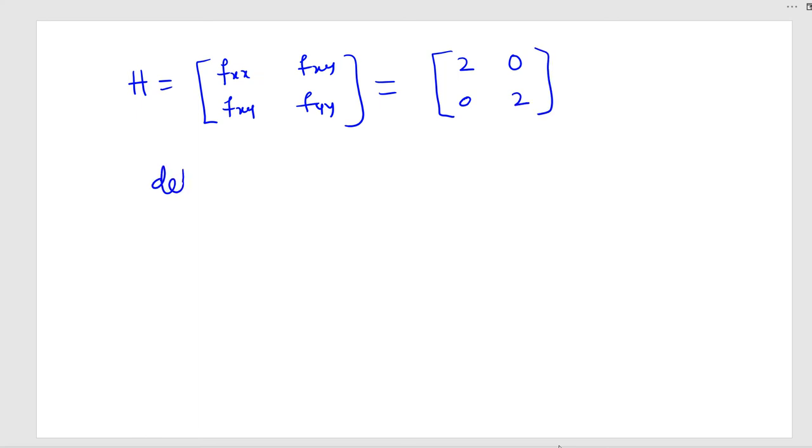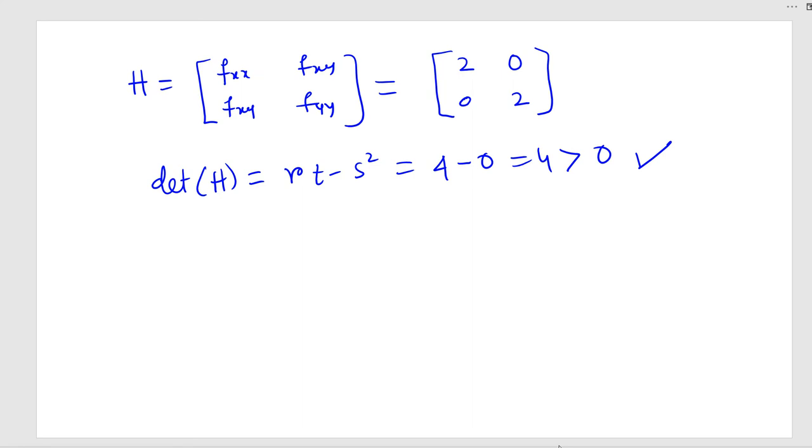So the determinant of Hessian, that is r times t minus s square. What is it? 4 minus 0. So this is 4, greater than 0. So the first condition is satisfied. So the point can be either maximum or minimum.